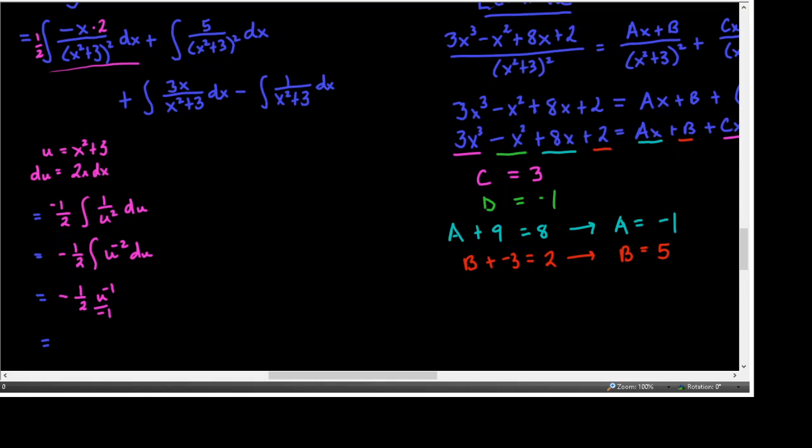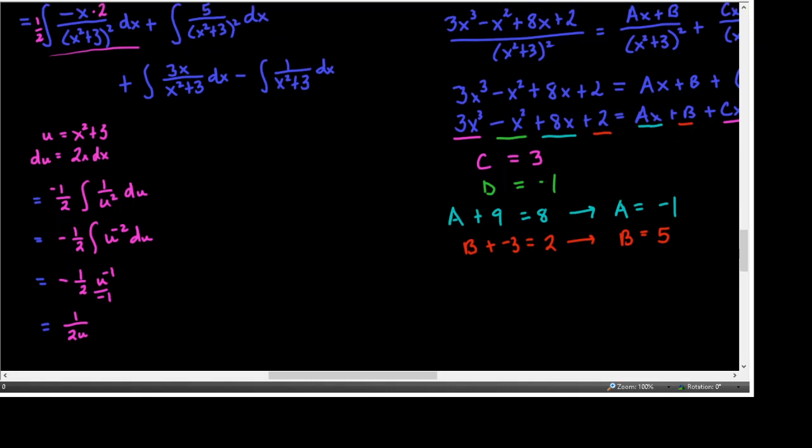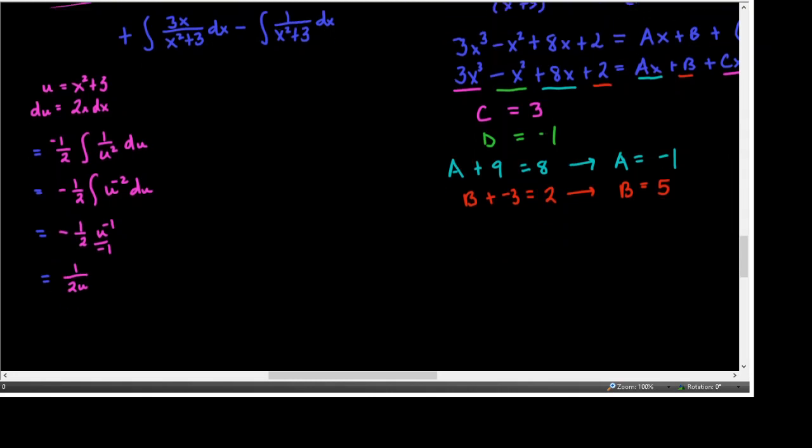And so this becomes positive 1 over 2u, and keeping track of what u was used, that's why the color coding will help me a lot. This becomes 1 over 2 times u, which was x squared plus 3.